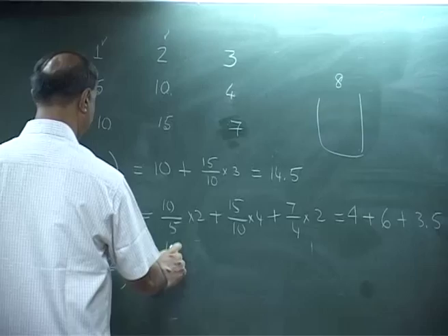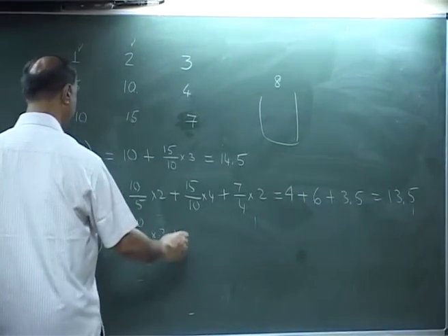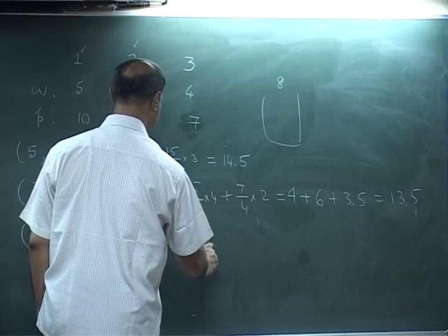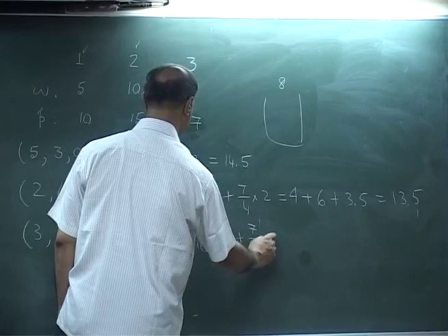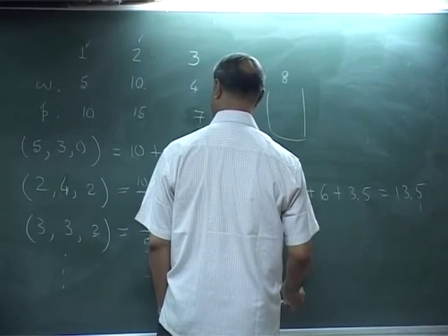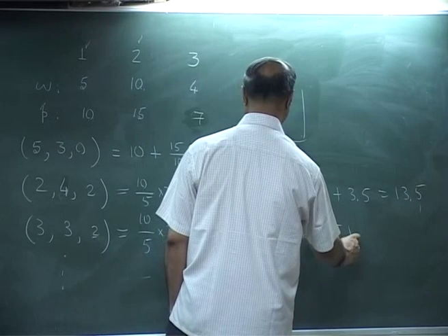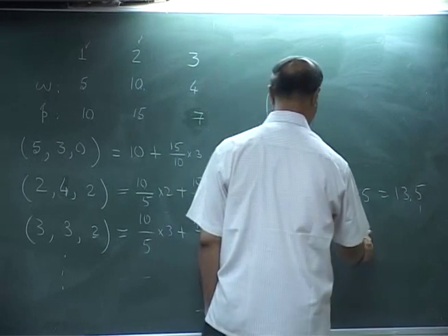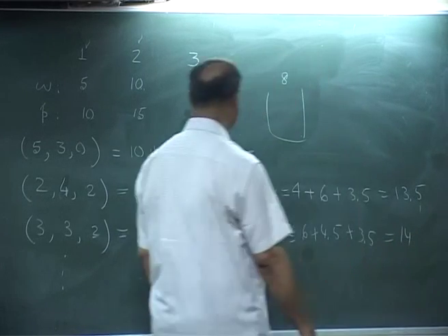Here, 10 by 5 into 3 plus 15 by 10 into 3 plus 7 by 4 into 3, you get 6 plus 4.5 plus 3.5, which is 14, and so on.